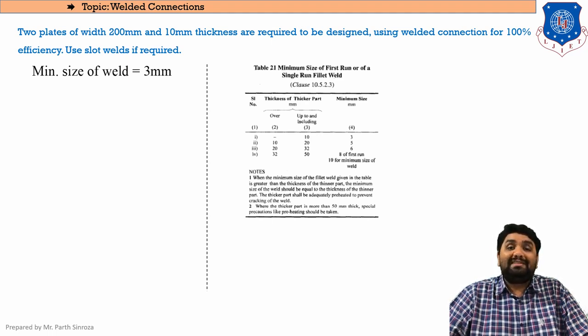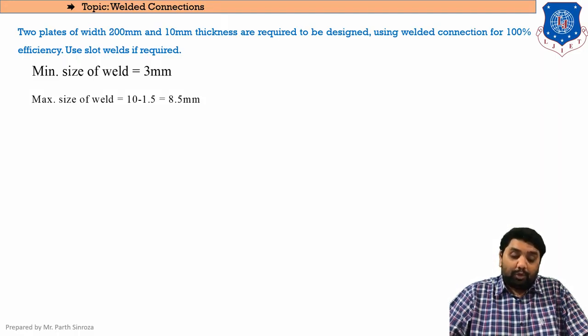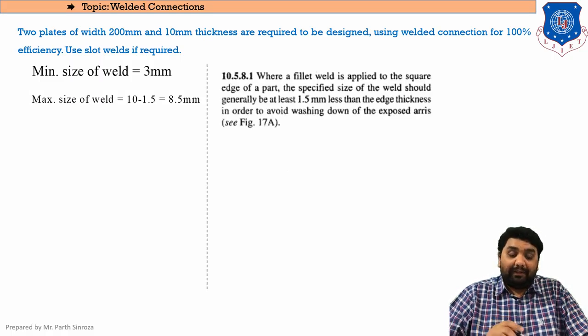Now we need to find the maximum size, and for that we need to refer to our code again, this time page number 79, clause number 10.5.8.1. Referring to clause 10.5.8.1, we can see that the maximum size that can be applied is total thickness minus 1.5. Clear?